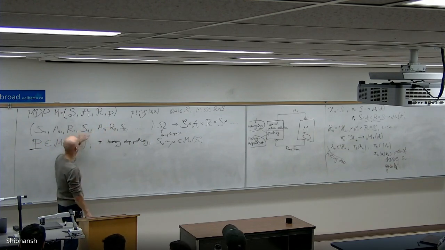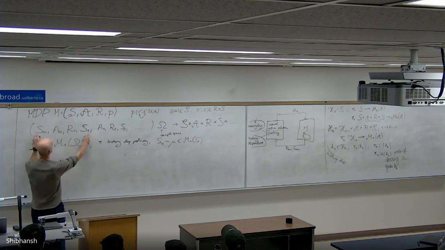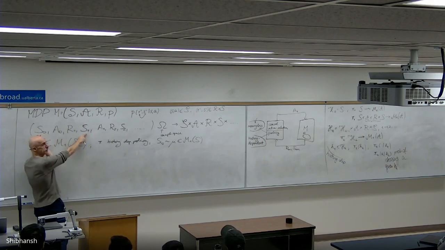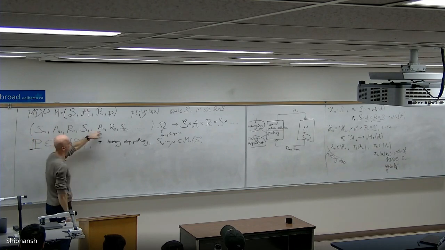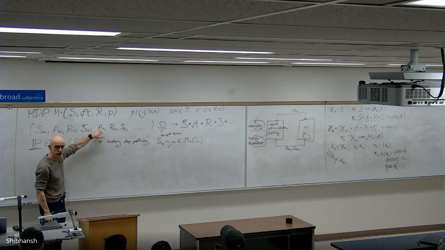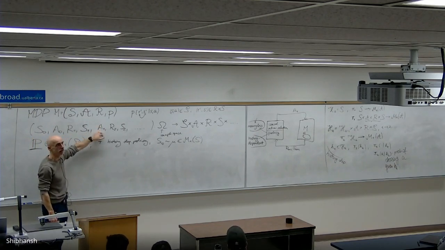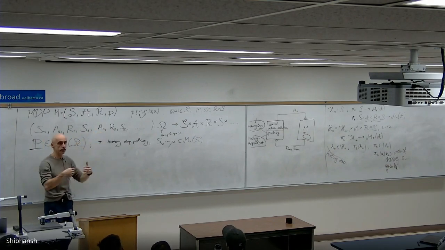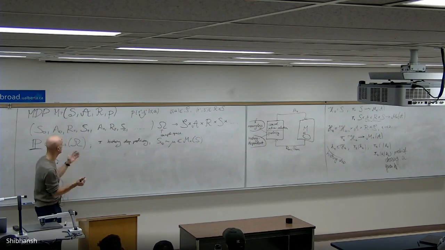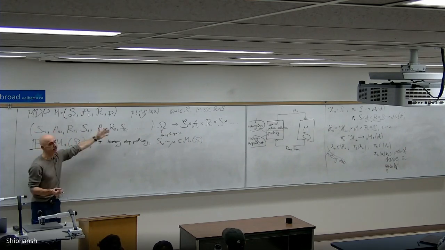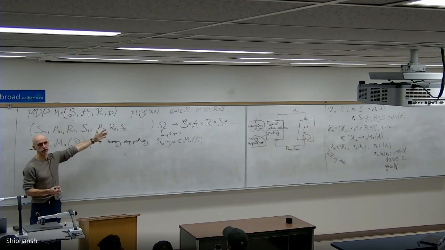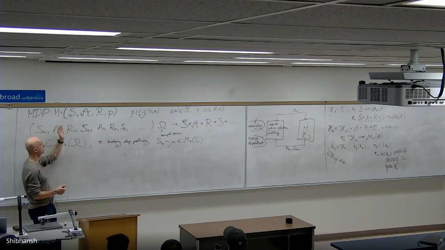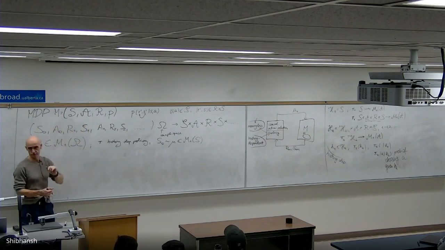And then after that, you continue with your policy, which now reads all this history, the history up to that time step. And it spits out a distribution over actions from which you sample another action, and so on and so forth. If you continue this way, that completely specifies a distribution over all possible infinite sequences of states, actions, rewards, next states.